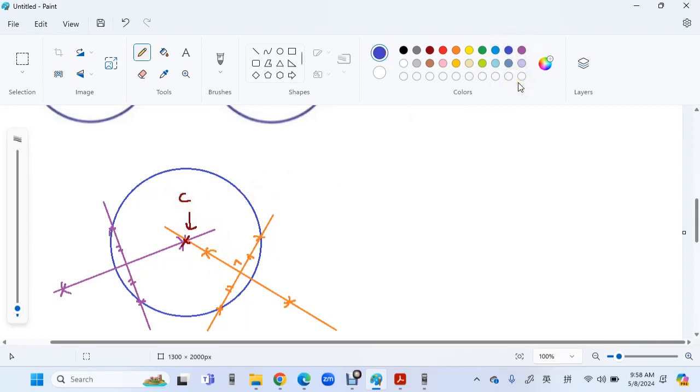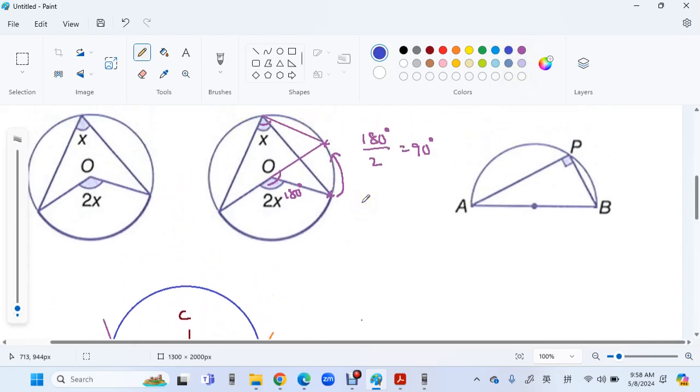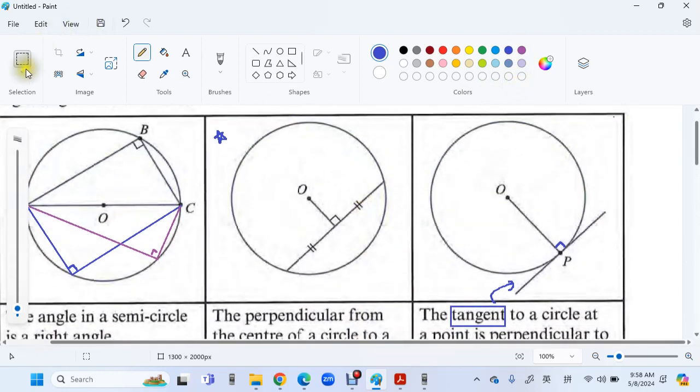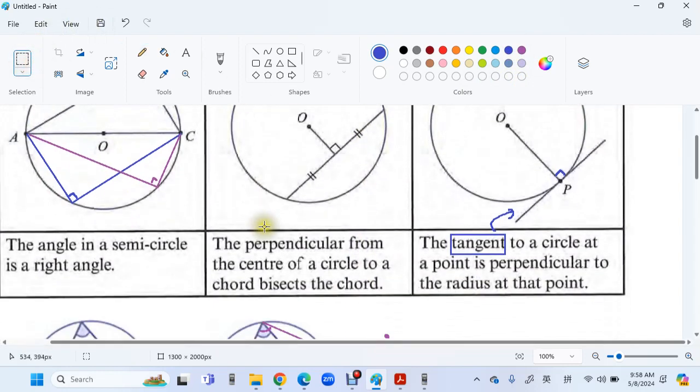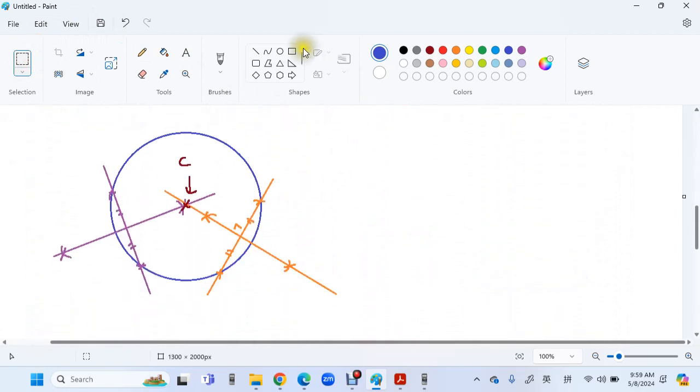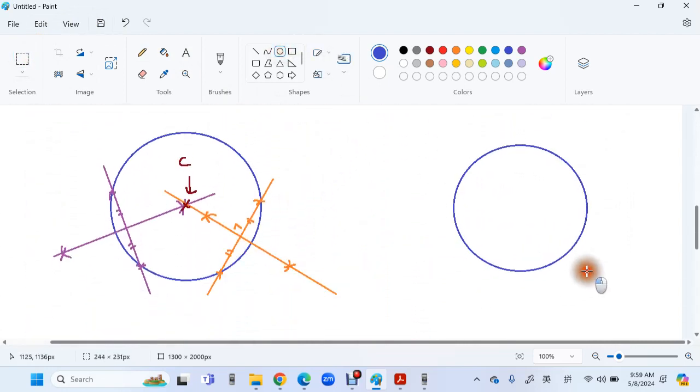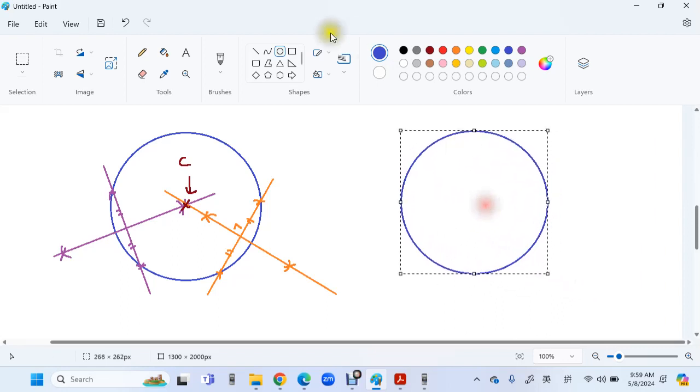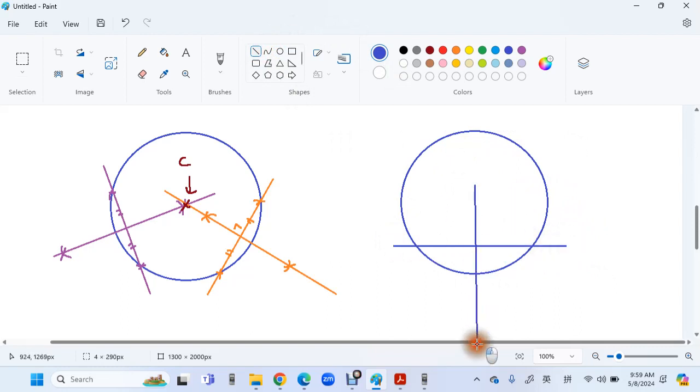So we have this property that if we have a circle and this is a chord and the radius, the radius will perpendicular bisect this chord.